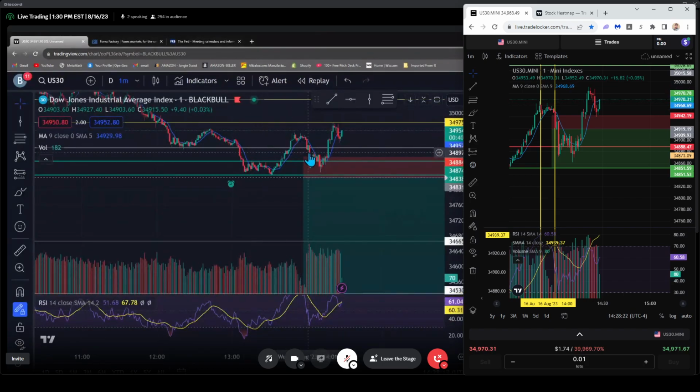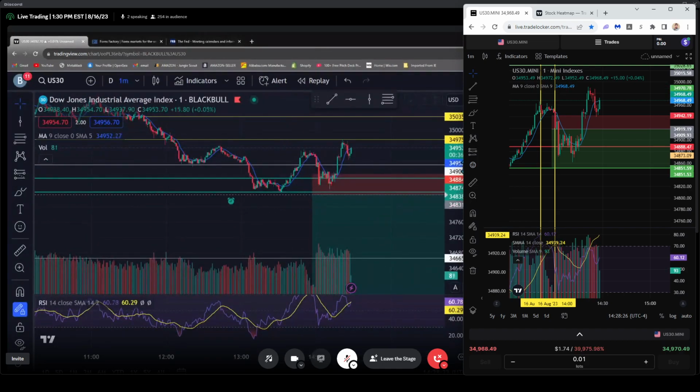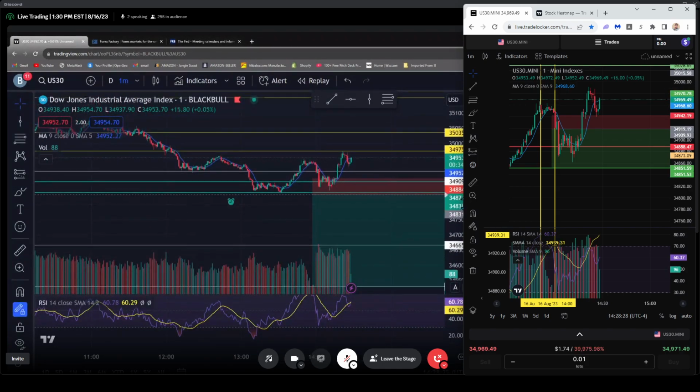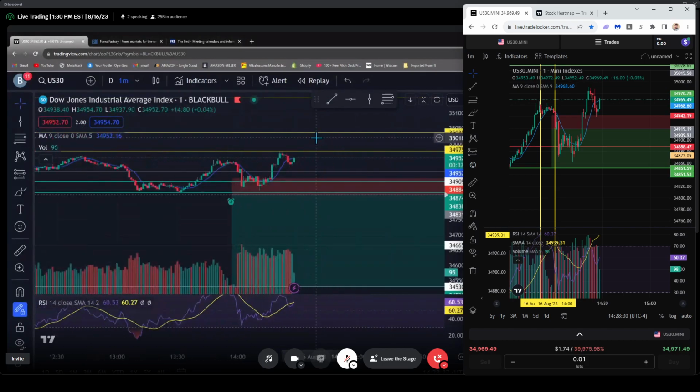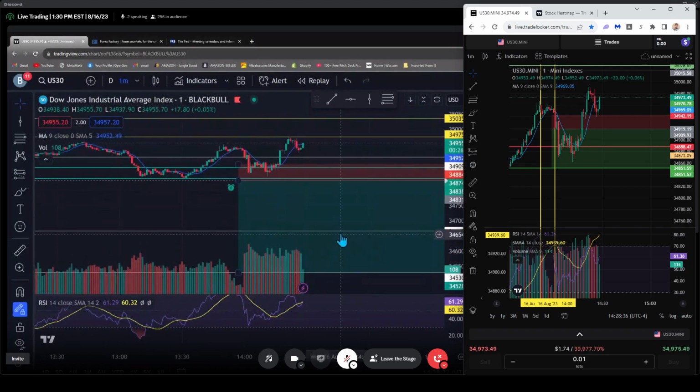I thought it would be right there at 2 o'clock already because we had that big bullish candle, but it wasn't. But we will get back in and we will be in profit as soon as this market falls. So we're just waiting for entry on that signal.